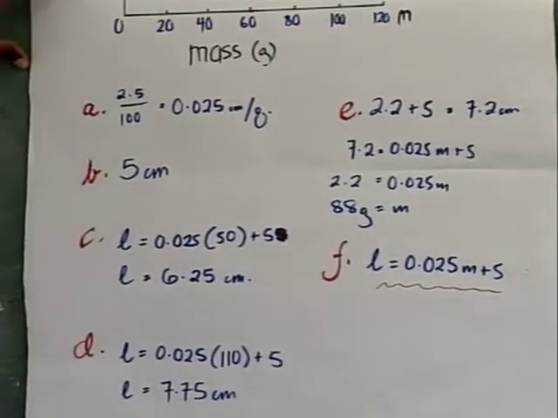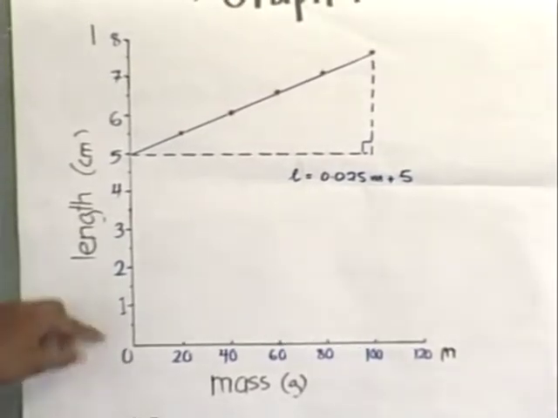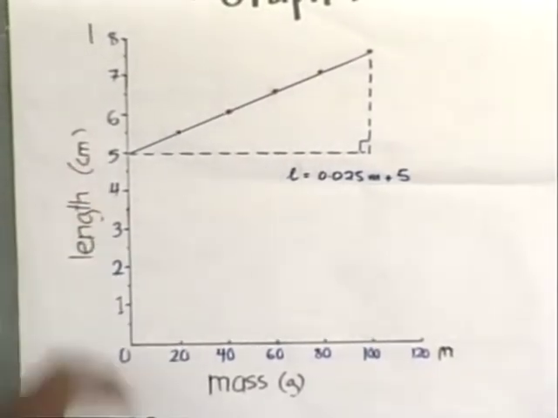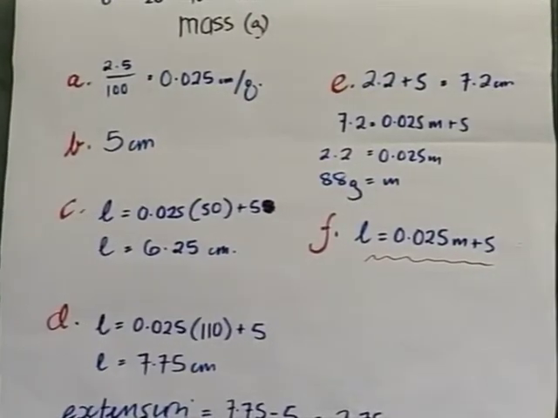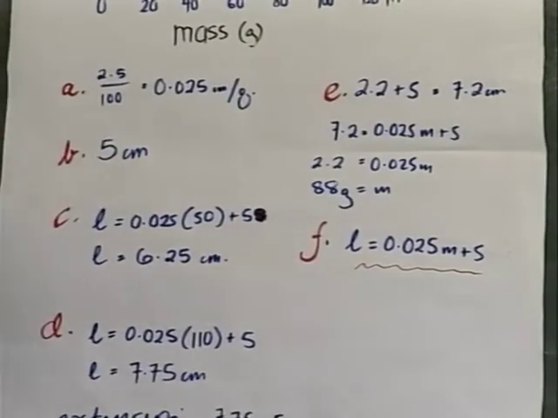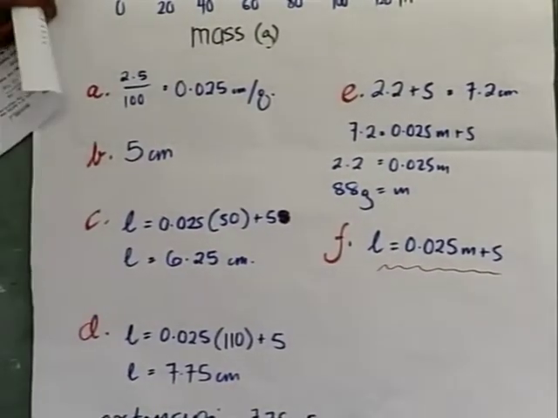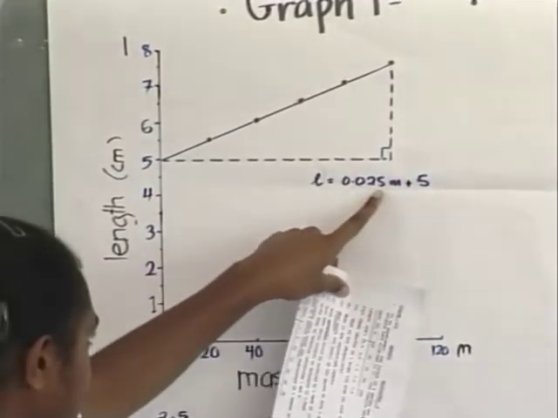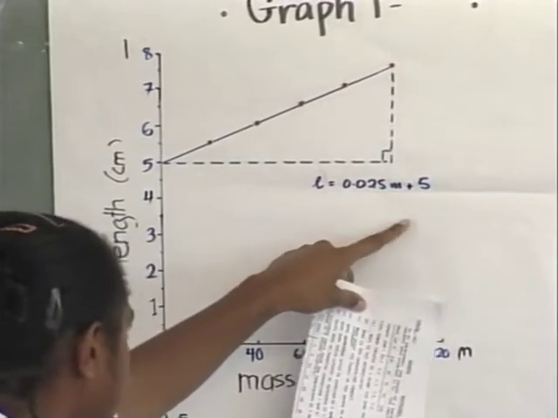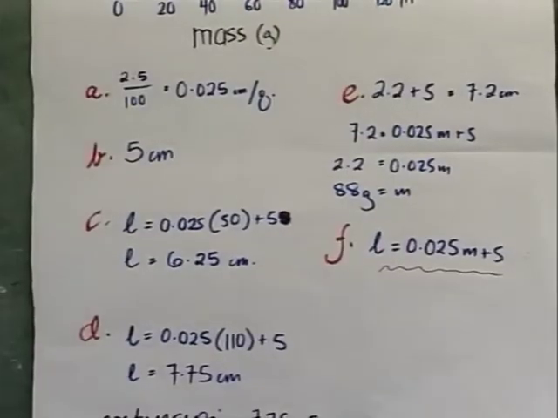The unstretched length, we find it when the mass is 0. The unstretched length is 5 centimeters. We got it using the formula L equals 0.025m plus 5. So when the mass is 0, 0.025 times 0 is equal to 0, plus 5 is equal to 5. So the unstretched length is 5 centimeters.